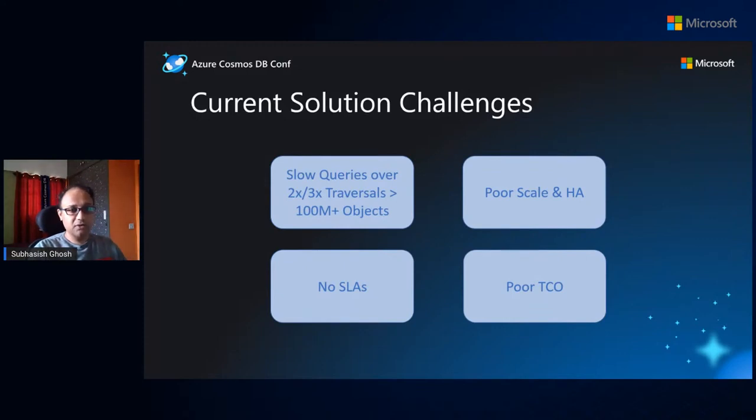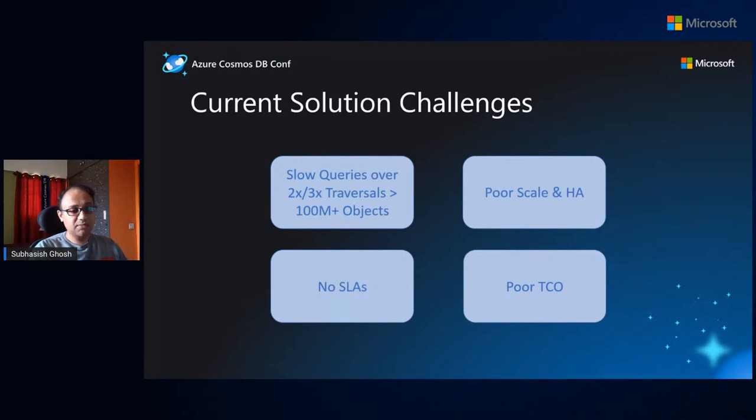Number two, of course, this particular solution built over RDBMS lacked scalability, and traditional on-premises HA was though part of the solution, but the team needed to scale the server during peak times. There were no SLAs per se in most of the customer use cases I worked on. They wanted a dedicated SLA on performance if it's available.